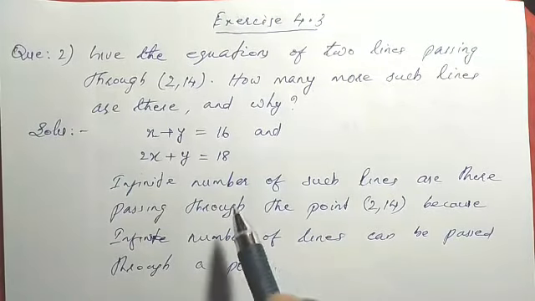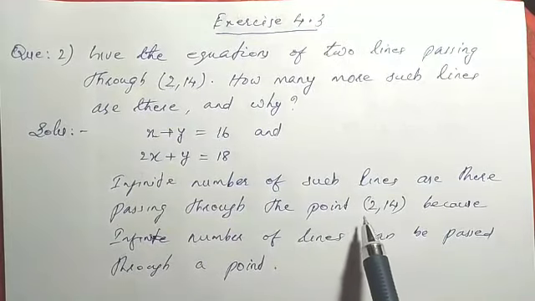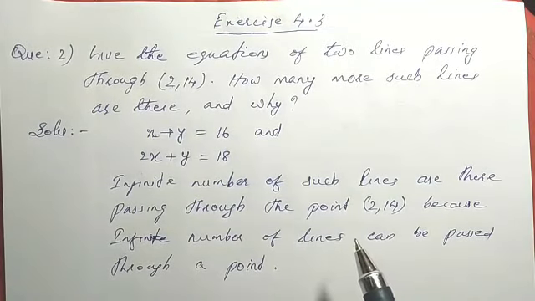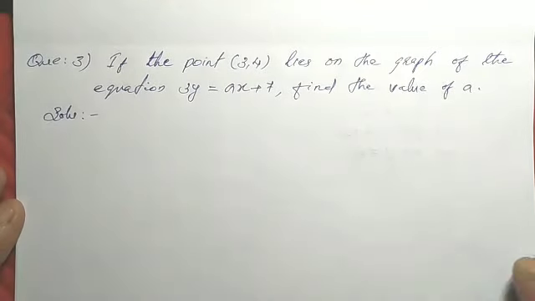That is why we can draw infinite number of lines through the point (2, 14). That is the reason. Now let's see question number 3.